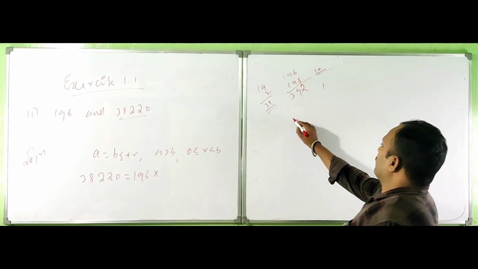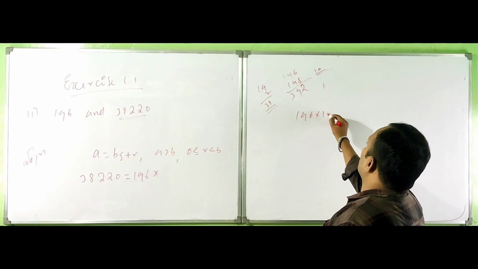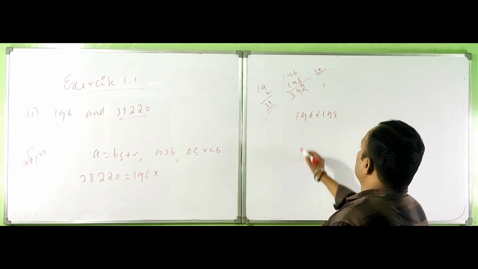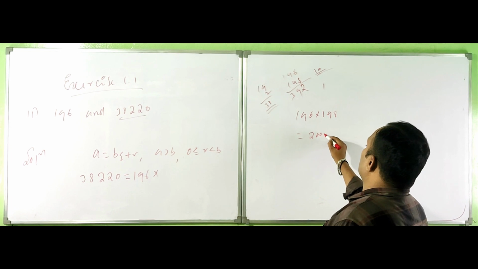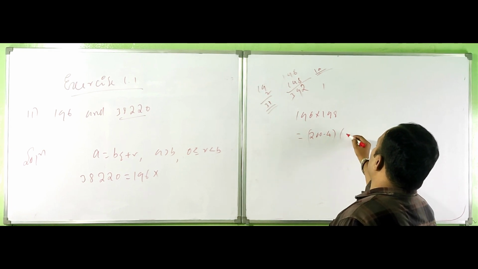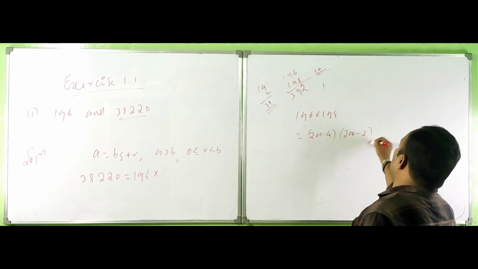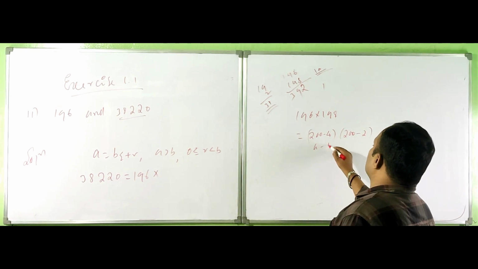Let me try 196 into 198. How to multiply it? This can be done: 200 minus 4 into 200 minus 2, a minus b.